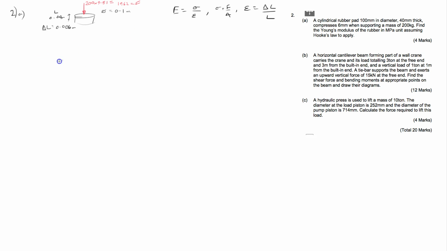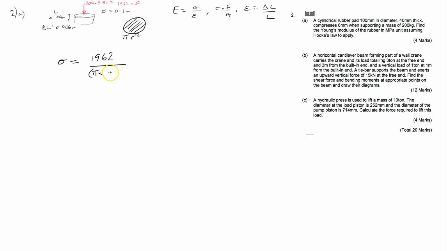So stress is equal to the force, we calculate to be 1962, divided by the area. So we know that the area of a circle is pi r squared, which will be equal to, well, I'll write it down here, pi times the radius.